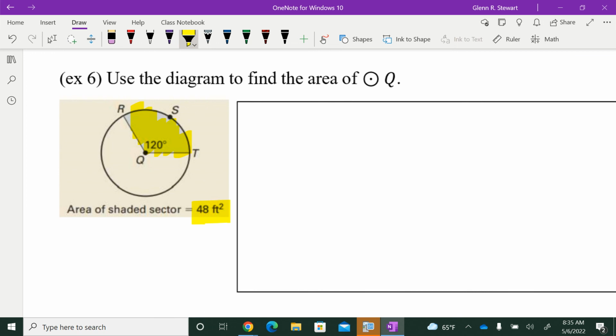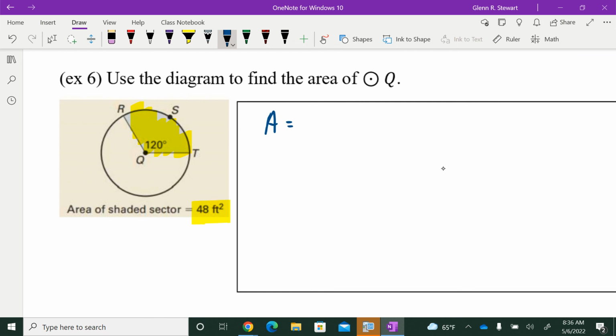So here's what I'm going to do. I'm going to look at the area of the circle, try and find some type of radius if I need to. But you know what? That radius is actually already calculated in that 48. I don't think I'm going to need it. Let's plug in what we know. Let's start off with our basic formula.